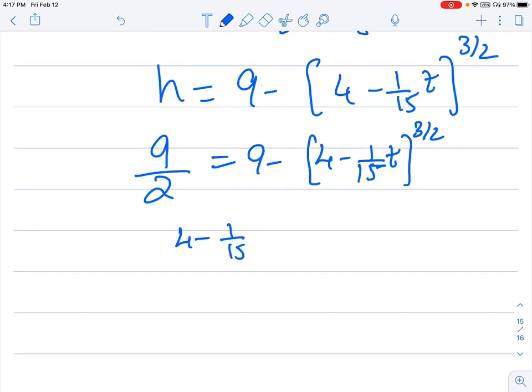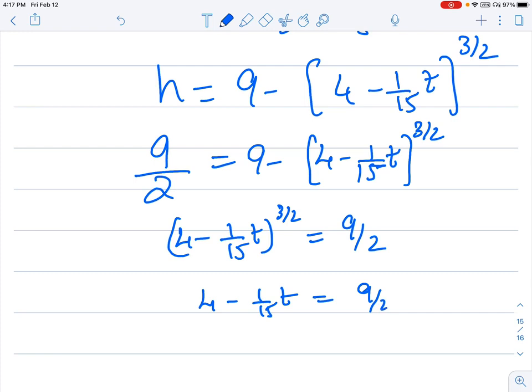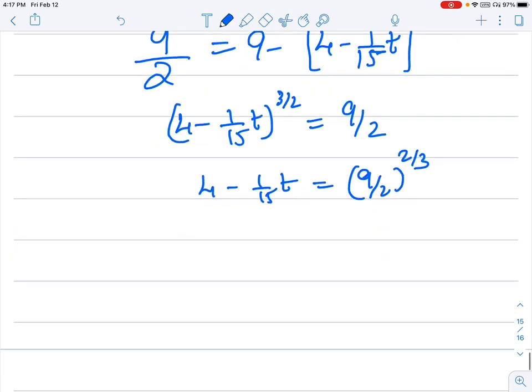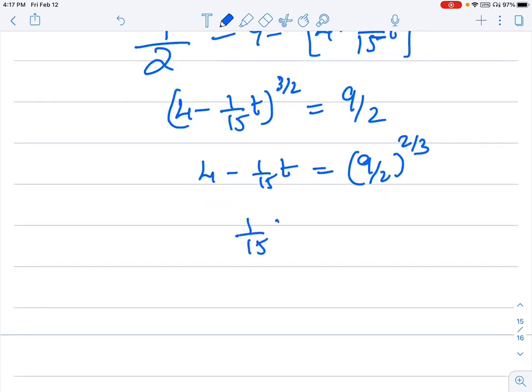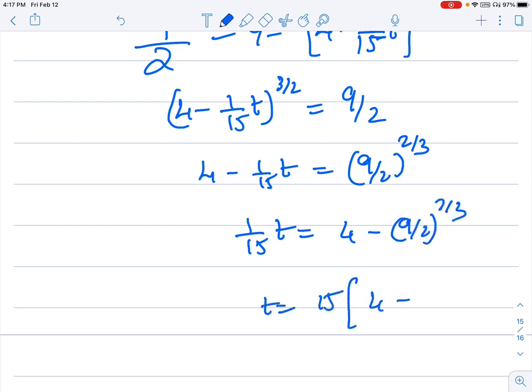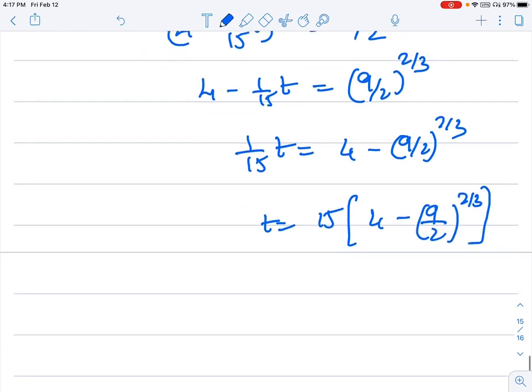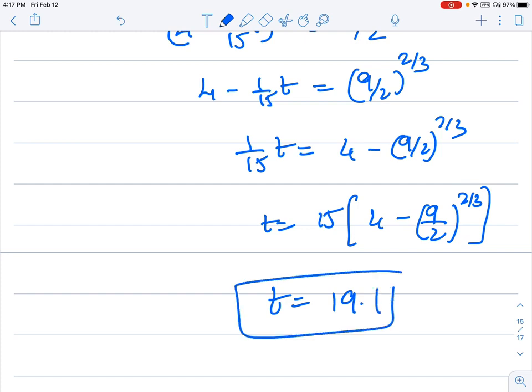So (4 minus 1 upon 15 t) whole power 3 by 2 is equal to 9 by 2. So 4 minus 1 upon 15 t is equal to (9 by 2) whole power 2 by 3. So 1 upon 15 t is equal to 4 minus (9 upon 2) whole power 2 by 3. T is equal to 15 times (4 minus (9 by 2) whole power 2 by 3). Do it by calculator, you should be getting 19.1. That's going to be the final answer.